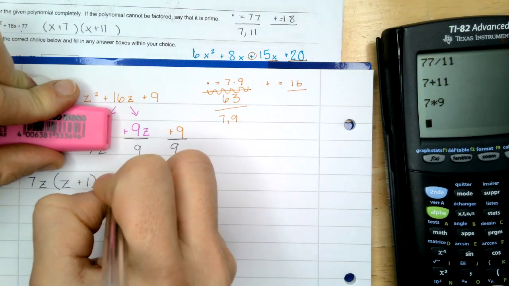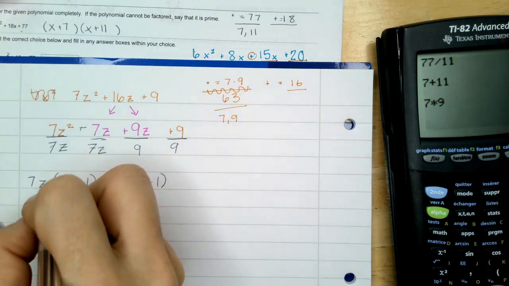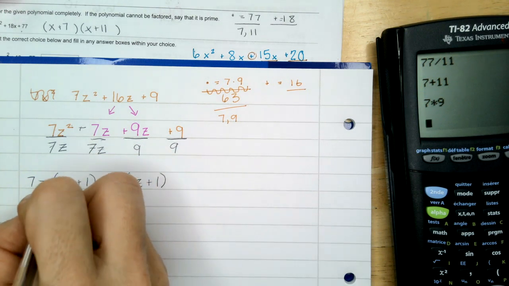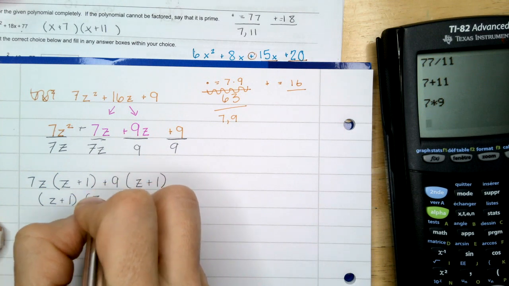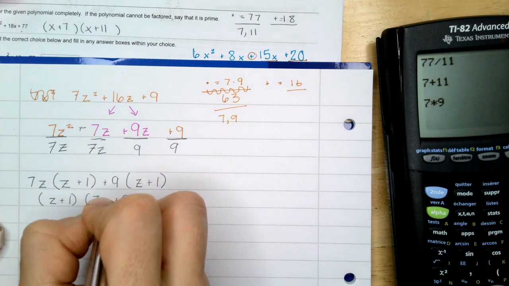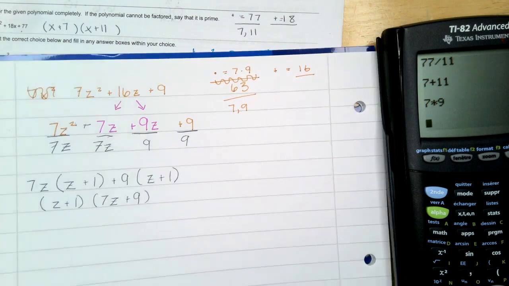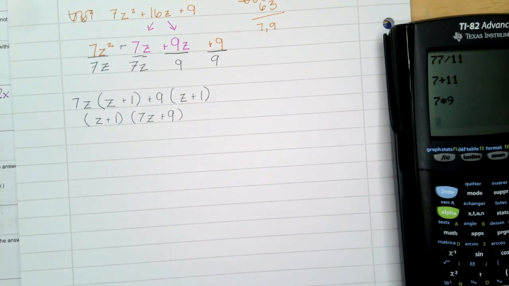So plus 9, z plus 1. So my binomials are z plus 1, that was factored out, times 7z plus 9. Good? Okay.